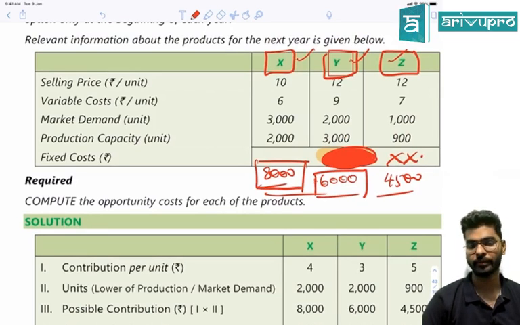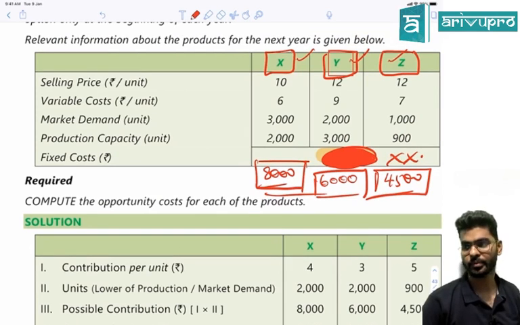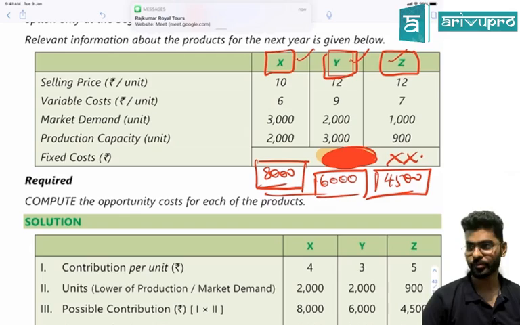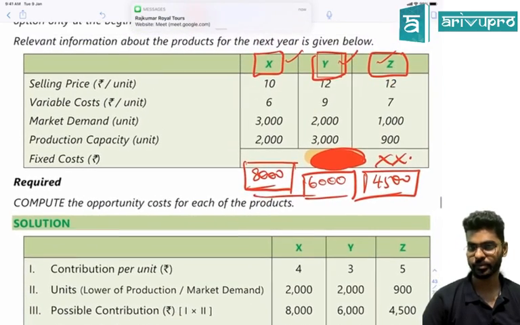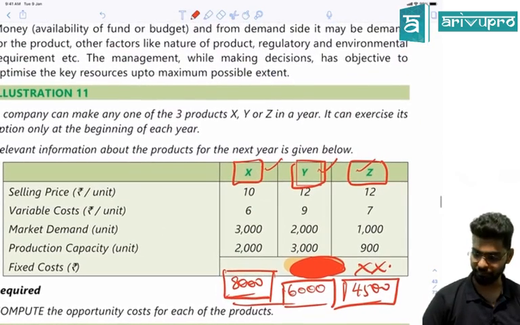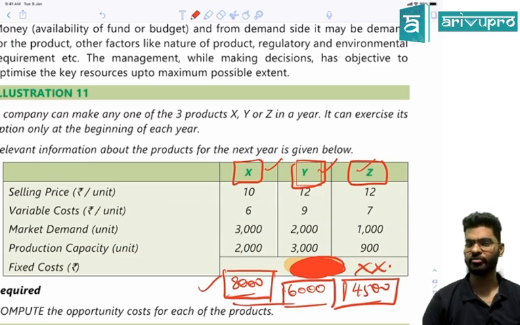Yes or no? If I make X, I'll earn 8, I will lose 12,500.